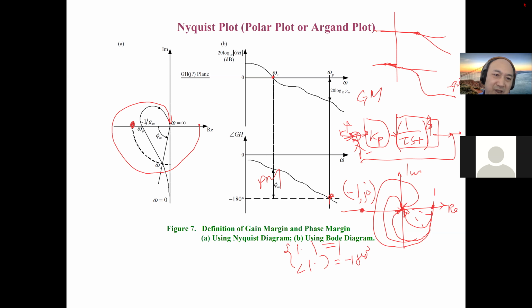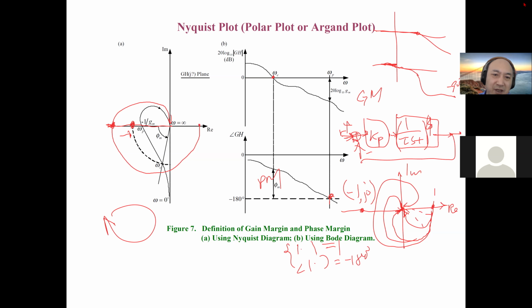Why? Because at a certain omega where your phase is minus 180, the magnitude is greater than 1. So the signal will get bigger and bigger in a closed loop setting. So it's unstable.